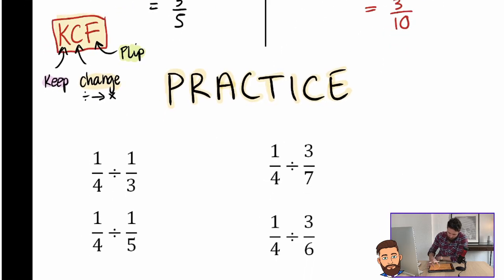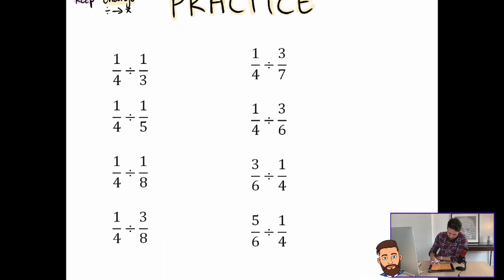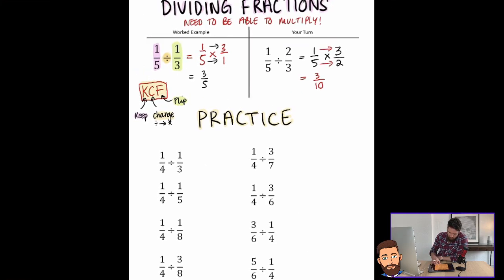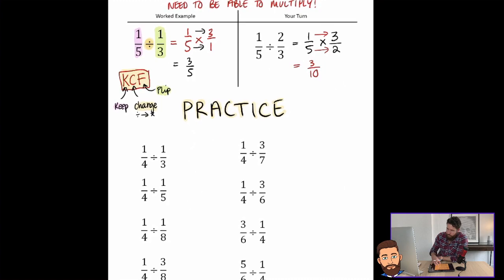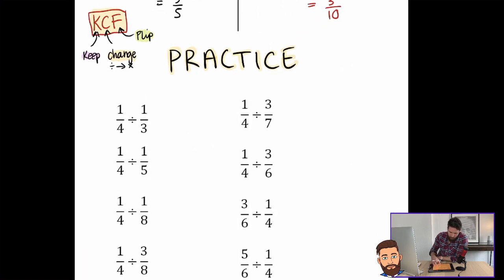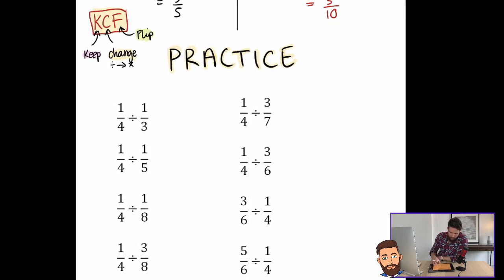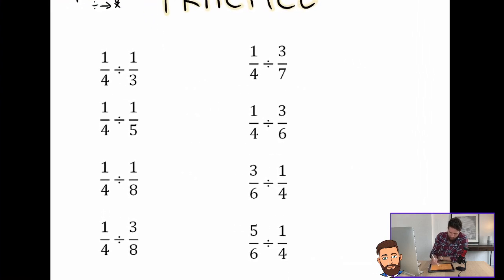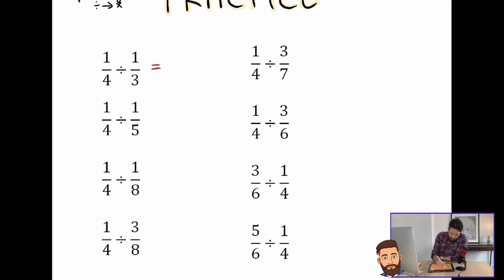So same thing, you've got some questions there to practice, using KCF, keep, change, flip. So for all of these I want you to just write out keep, change, flip, and times across.